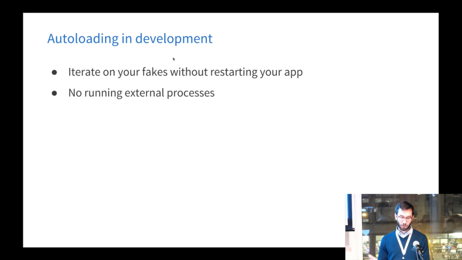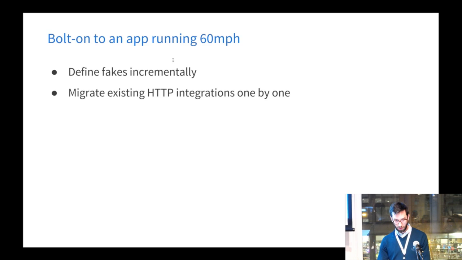Thoughtbot proposed a solution, which is that you extract your fake into a gem and run it in an external process. That's okay, but it's certainly not auto-loading, and it also requires us to stop and restart a separate process whenever that fake changes, which isn't going to be good enough for us.